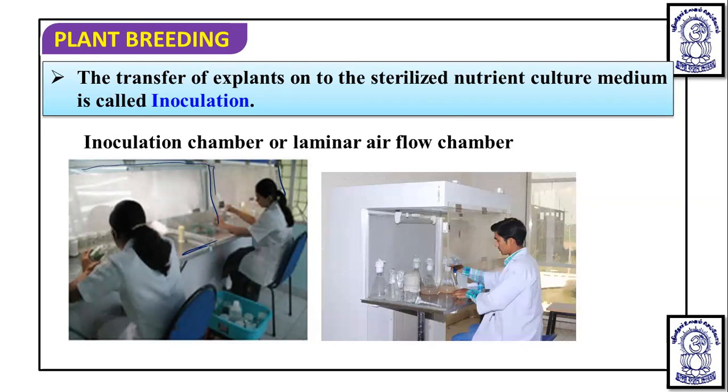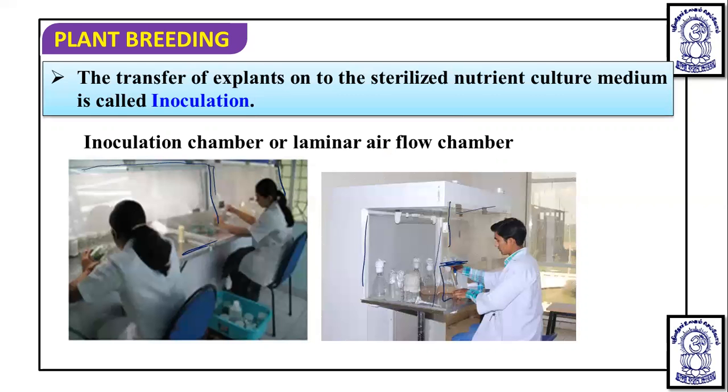All sides are fitted with glass, and only this part is open, with a slider. Before initiating the experiment, while the UV light is on, we close this slider to allow proper sterilization.